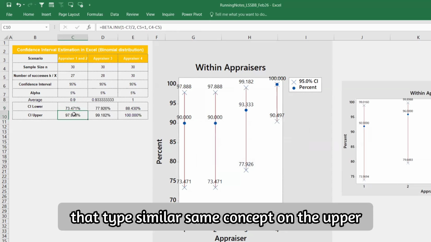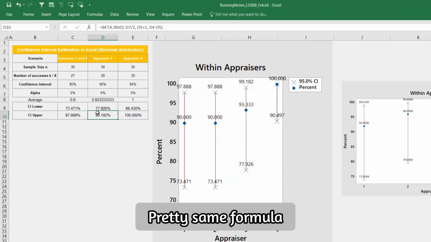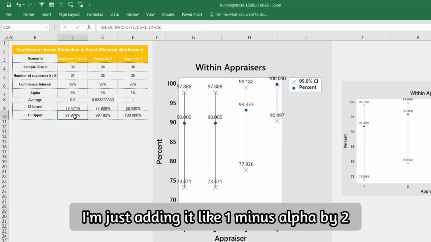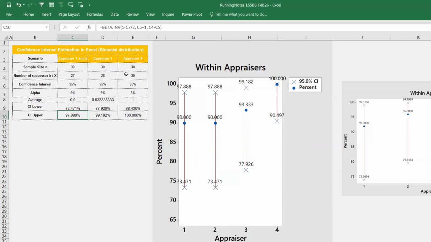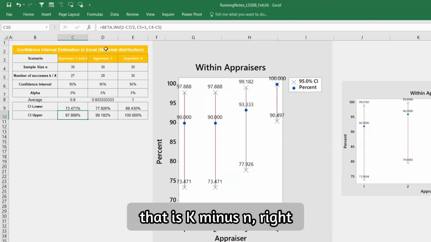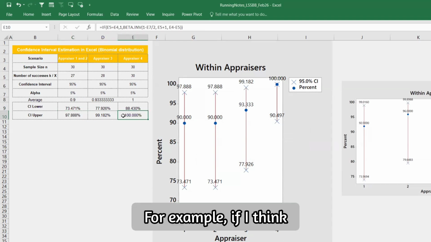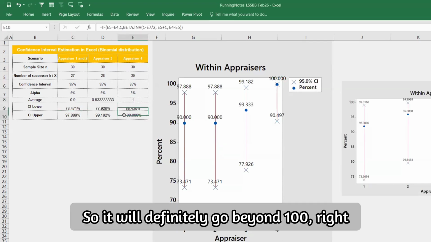Similarly, on the upper side, it's pretty much the same formula, but here I'm adding 1 minus alpha by 2, and then k plus 1, and then C4 minus C5, that is n minus k. For example, here it is already 100%, so it will definitely go beyond 100.